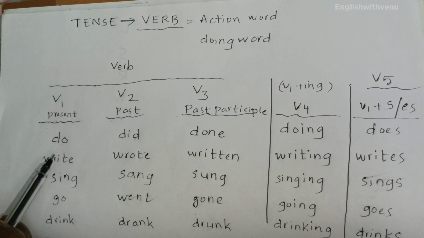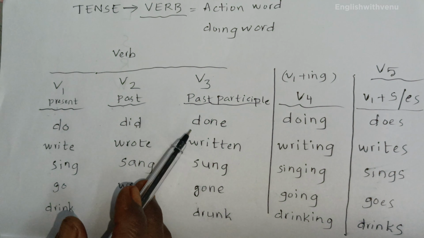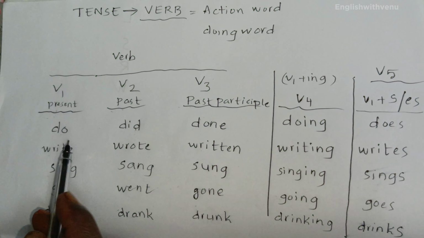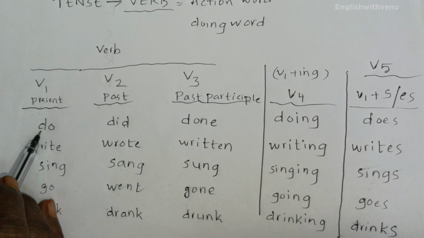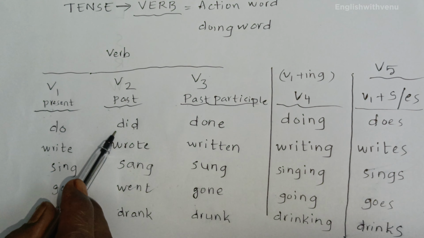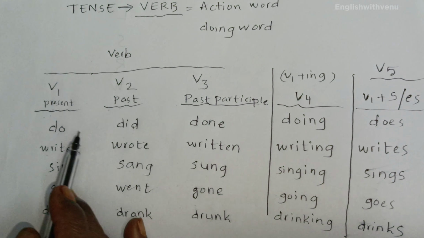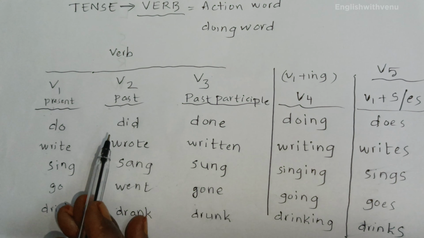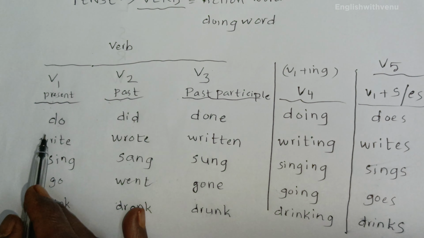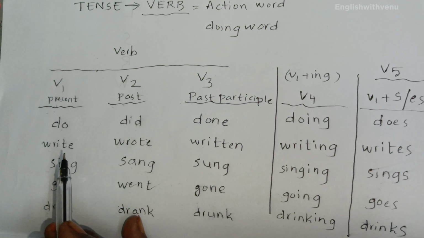Here, do, did, done, these 3 words are different. Only the first form is do, the past form is written as did, and the past participle is written as done. So these 3 forms are different forms. So it is a very strong verb.